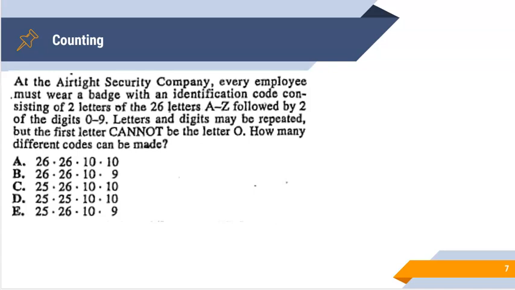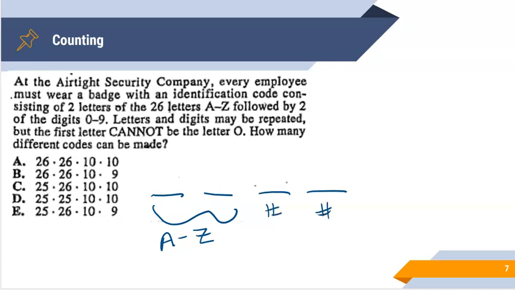Okay, so in this one, we're dealing with 4 pieces. We're told the first 2 pieces are letters from A to Z, and the second 2 pieces are numbers. And we're told that the letters and the numbers can be repeated, so I could think about the numbers being 10 choices, right? Which automatically tells me it can't be those 2.